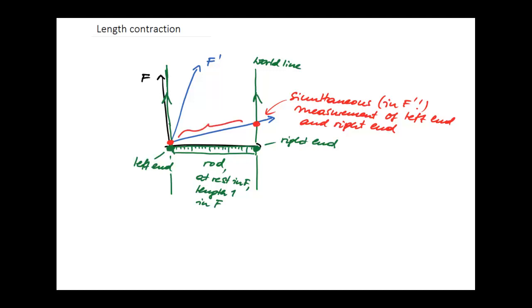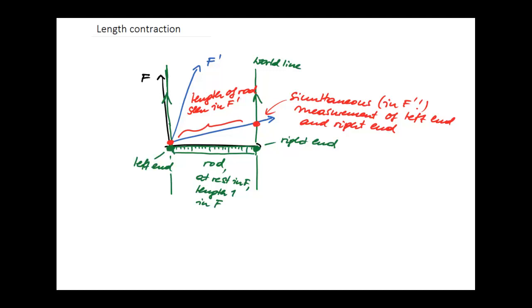The length seen by observer f prime is this distance that I indicated with the brace. This is the length of the rod seen in f prime. It's the difference between the spatial coordinates of the left end and the right end of the rod, measured simultaneously in f prime.